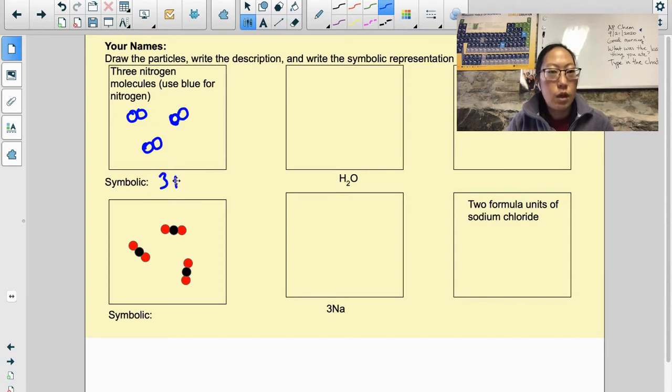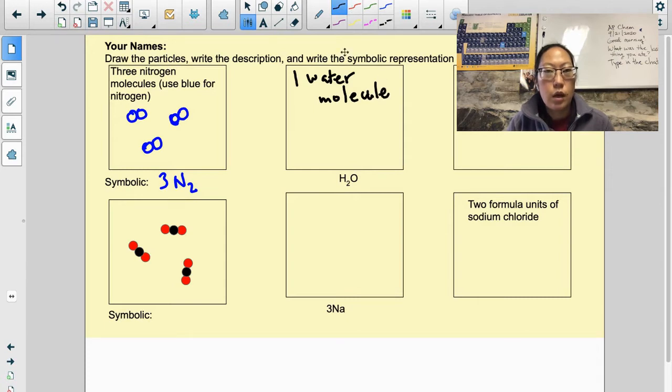This is 3N2. Now for H2O, there's nothing in front, but that implies a 1. We have 1 water molecule.